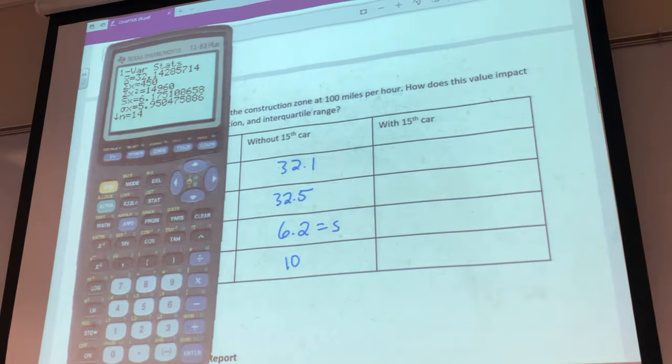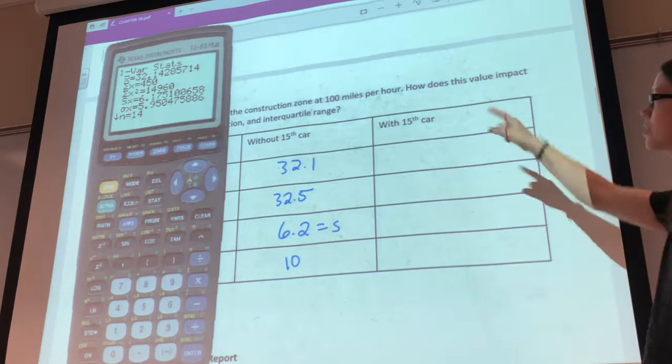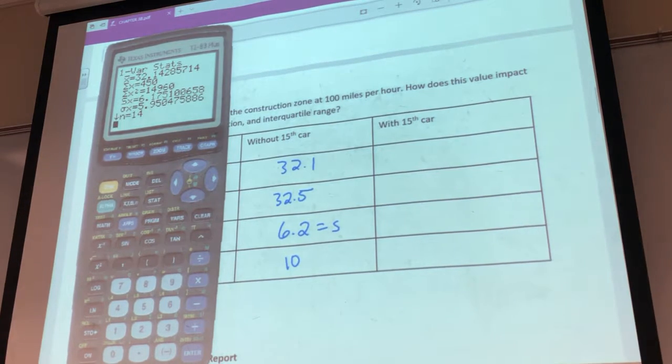Okay, so those are my values with the first 14 cars that they talked about. But now with the 15th car, this new car that's going 100 miles per hour, I'm just going to tack that onto my L1 at the bottom. So I come down here to the bottom, and type in a 100 for my 15th car.